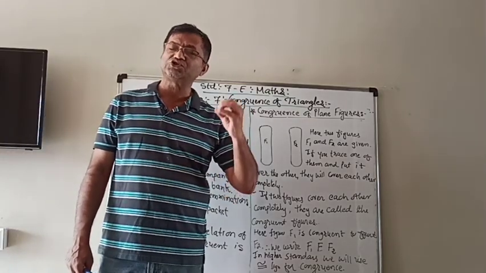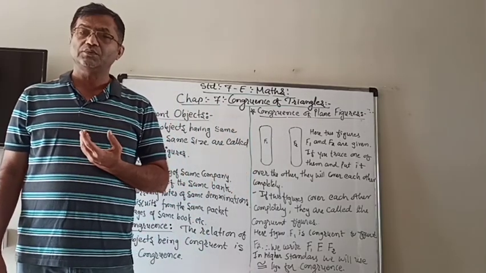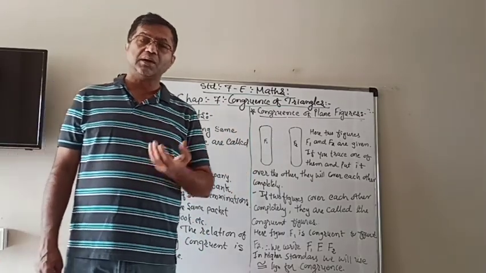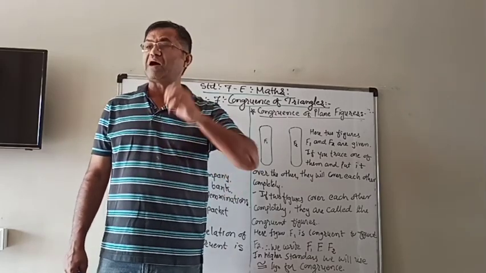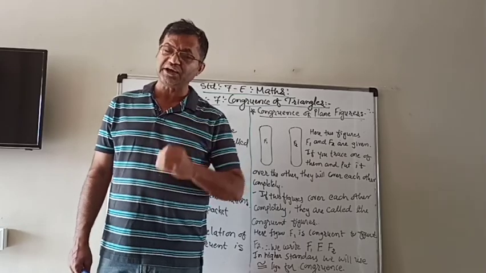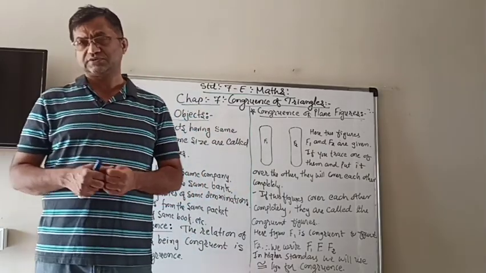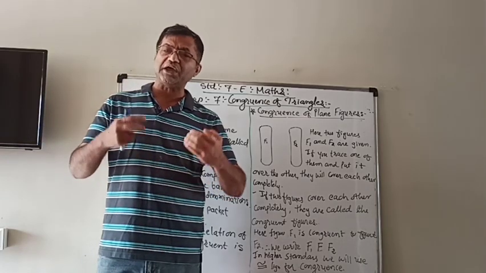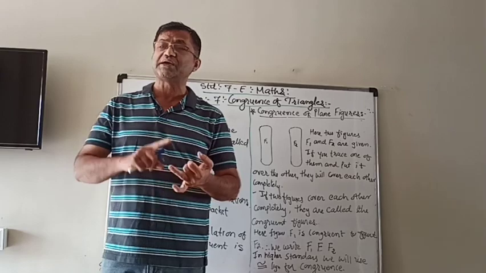Generally, we see so many congruent figures. For example, if you buy a bed sheet printed with flowers, then you will see that at some distance the same flowers are printed, same size, same shape.